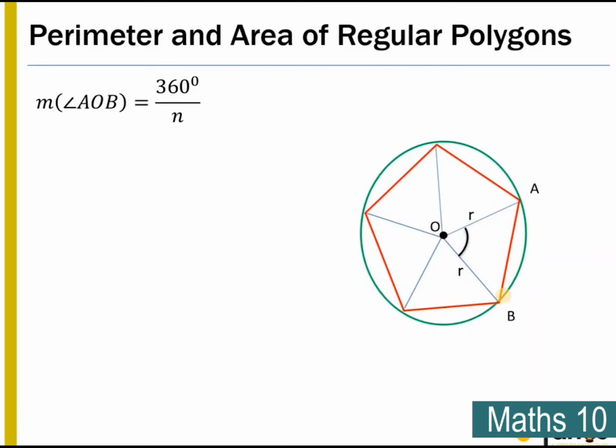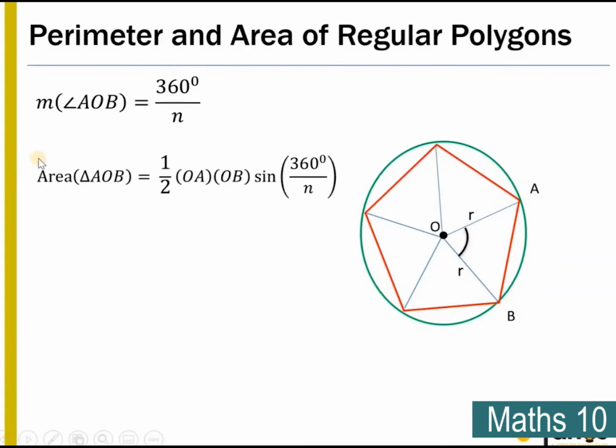We can also find the area in a similar way. We already know that the size of this angle is 360 over n. So to find the area of the triangle, we can use the formula that we have just recently proven, that the area of a triangle is equal to half of the product of two sides times the sine of the included angle.